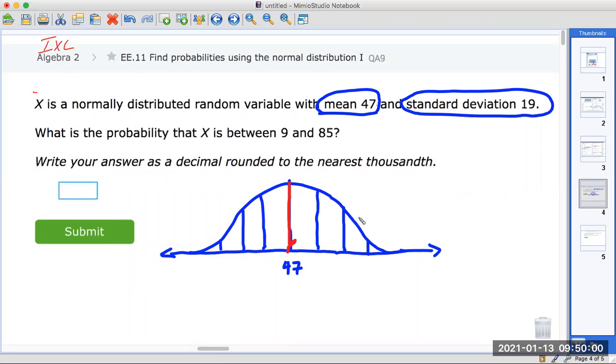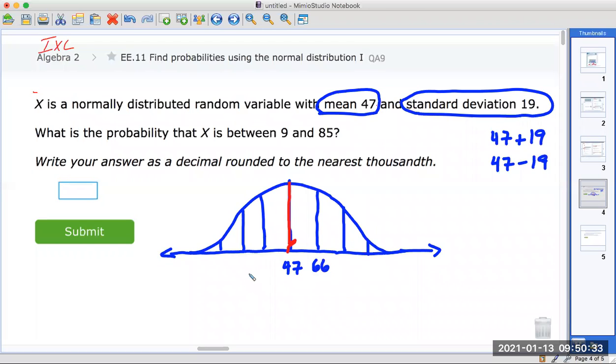And the standard deviation is 19. So you're going up 19 and down 19. So 47 plus 19 and 47 minus 19 is your first data. 47 plus 19, so we're going up to 66.